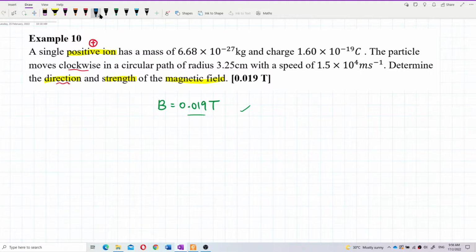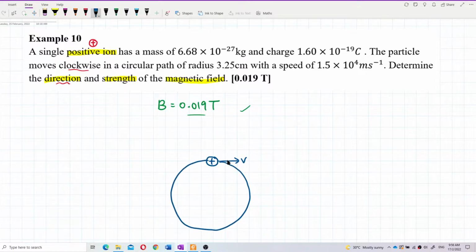So this is the positive ion. It moves clockwise. At first it moves to the right, and then in the magnetic field it will move in a clockwise direction.